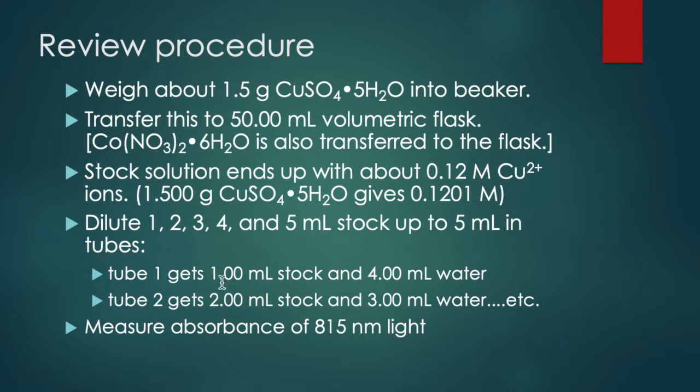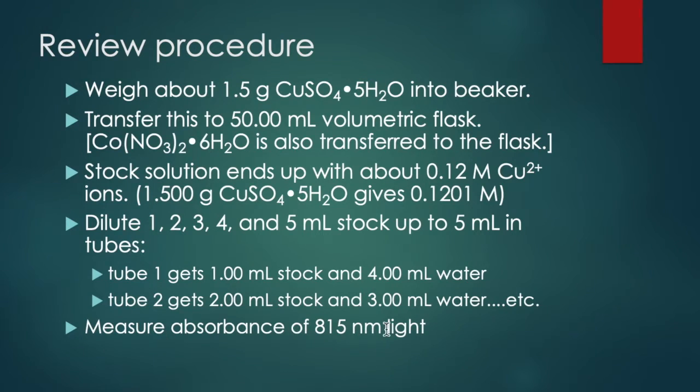Tube 2 starts with 2 milliliters, then you add 3 milliliters of water to get a total volume of 5 milliliters. And then tube 3 gets 3 milliliters of stock, diluted up to 5 milliliters. So all of these are being diluted up to 5 milliliters using different amounts of stock solution. And so they all end up with slightly different concentrations of copper.